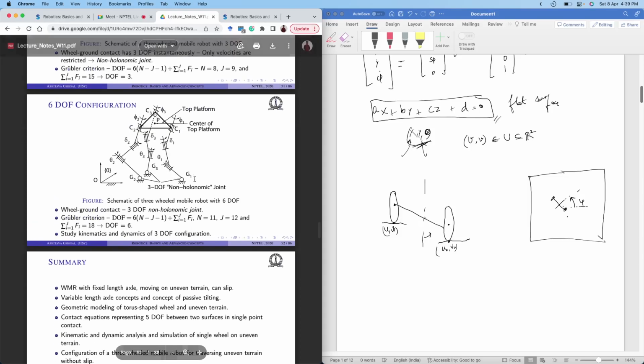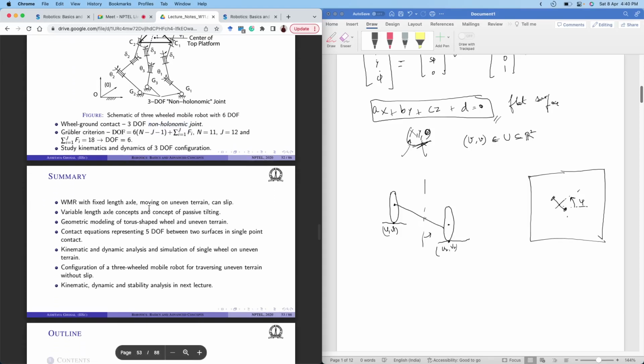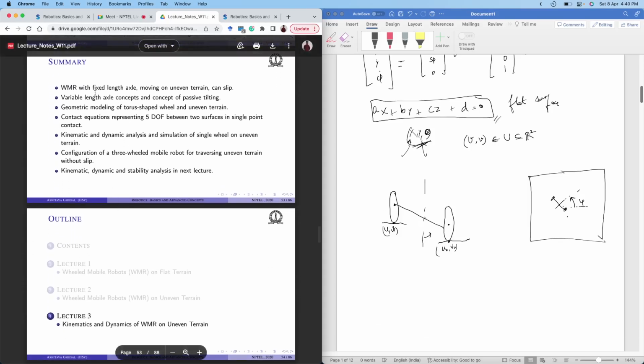But keep in mind that the constraints at the contact points will be non-holonomic because they constrain velocities, and those constraints will not be integrable in the form of your position or angular position. So they will always remain in the form of velocities. This was the case being considered here: fixed length axle, moving on uneven terrain, and can slip, but nothing can deform in this case.